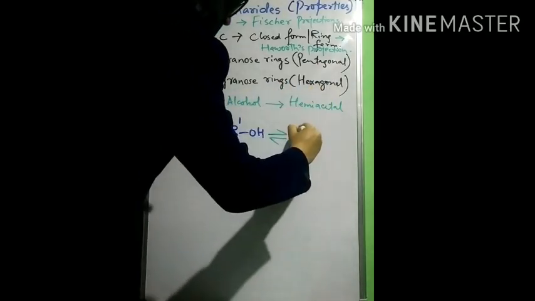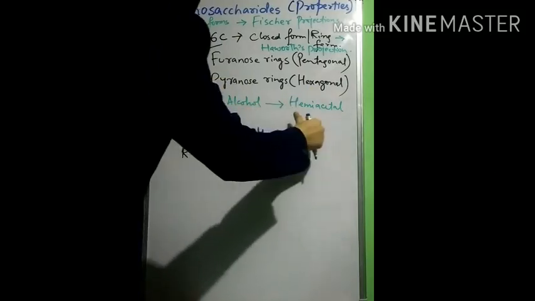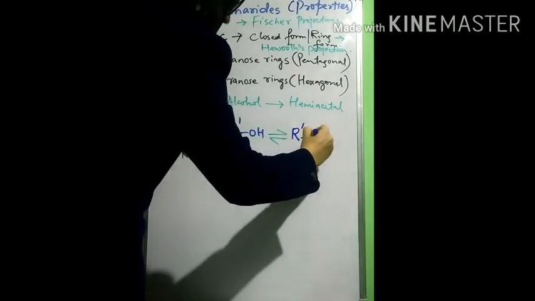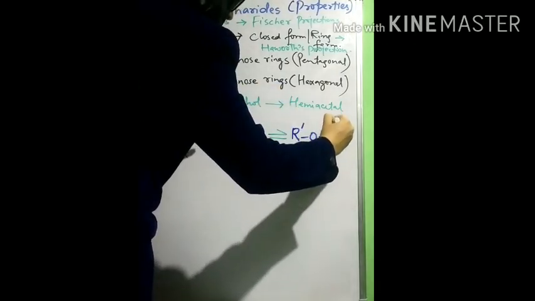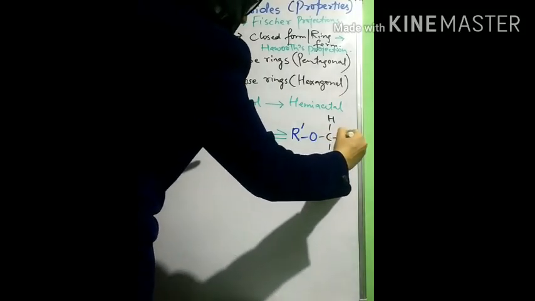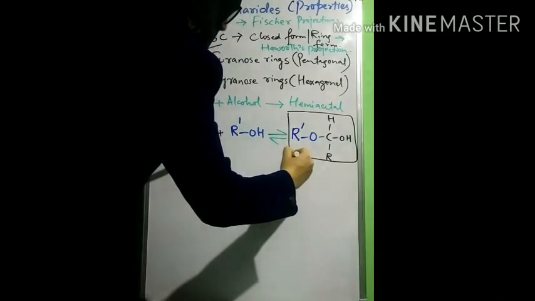Oh sorry, it's not green, it's blue. I've used blue color. So it's like this. R', then O. Then you have the component from the aldehyde, that is C, H. You need to follow this. Then R and OH. This compound is the hemiacetal.